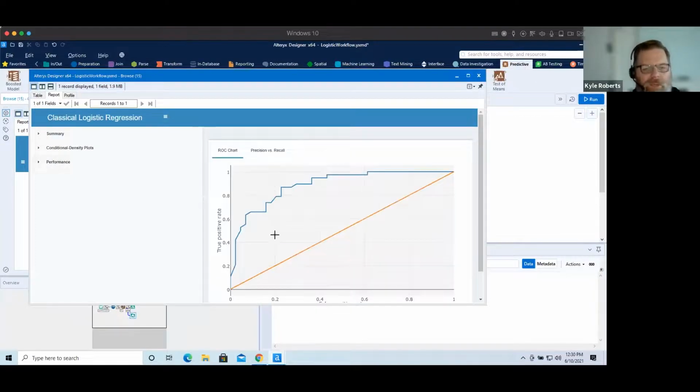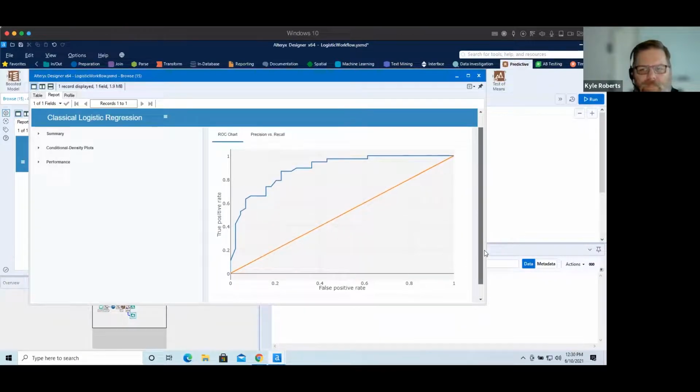And then the last one, the performance, this is called a ROC chart, or some of you know this as a ROC curve, okay? What you're looking at on this is you're wanting to see a curve where this blue line is as far away from this straight orange line as can be. And so we love it when we see really steep lines, okay?